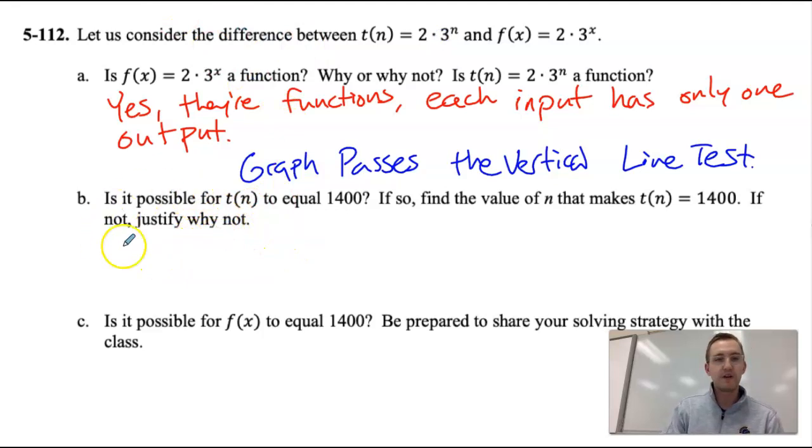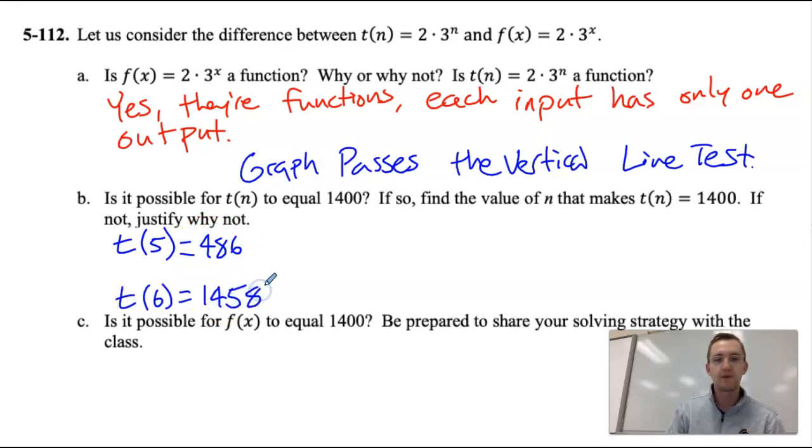So if we evaluate, let's say T of 5, and let's do T of 6. T of 5 would get us 486. T of 6 is going to get us 1458.